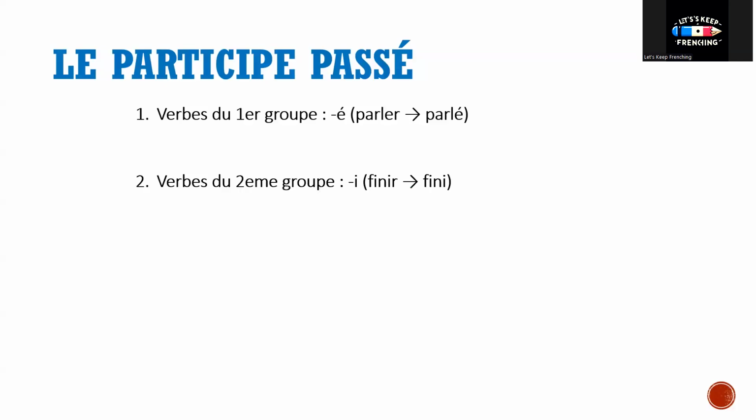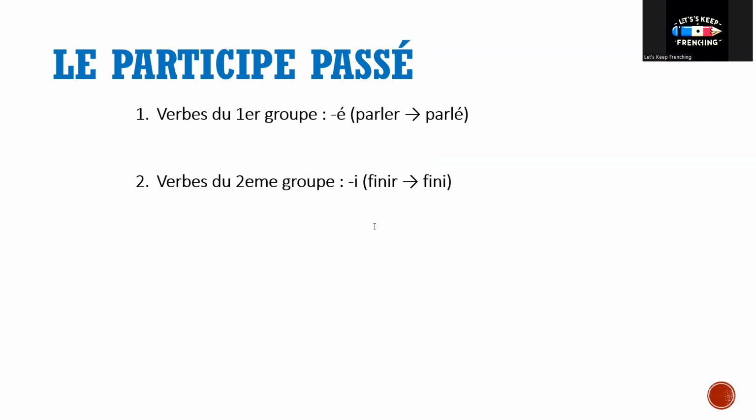Verbe de deuxième groupe. So all the verbs that belong to the second group, their past participle finishes with I. Okay? Par exemple, le verbe finir, on a fini. With that logic in mind, we can do other examples.